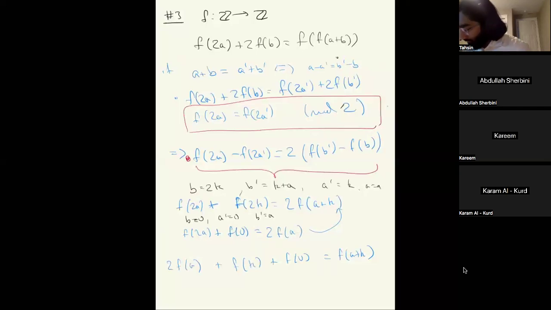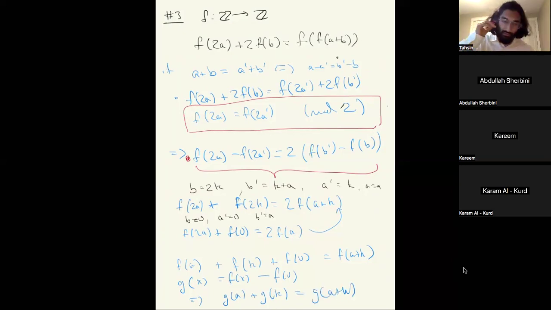And now this is almost Cauchy. What do we need to do to make it Cauchy? We just need to write g of x equals f of x minus f of 0. And then it becomes g of a plus g of k equals g of a plus k. Okay, and so this is Cauchy, and so by induction, it will be a linear function.